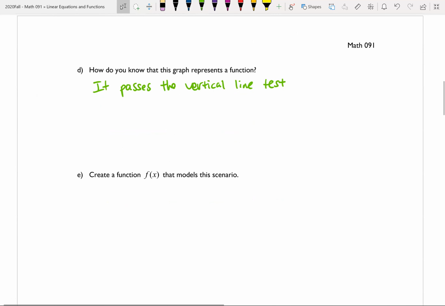And so part E says create a function f of x that models this scenario. So we want to say f of x equals, now if it were just a linear function, remember a linear function looks like this, f of x equals mx plus b.